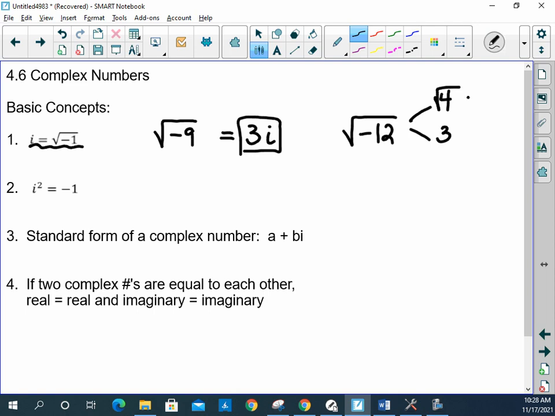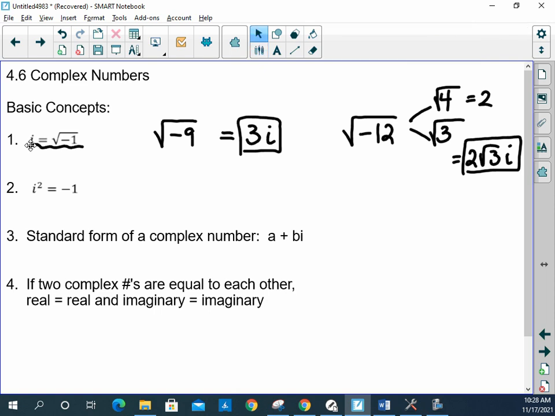The square root of 4 is 2. The square root of 3 would remain under the square root. So that gives you 2 square root of 3, but you would put the i behind it because the number originally was negative. So the i is the imaginary unit. It simply allows you to take the square root of a negative number.